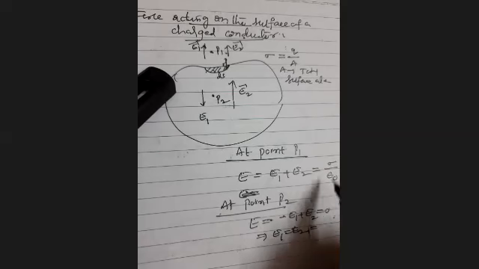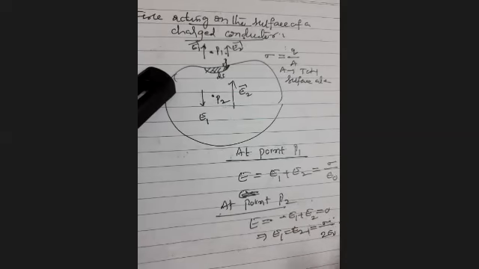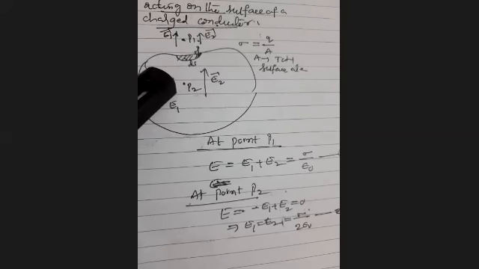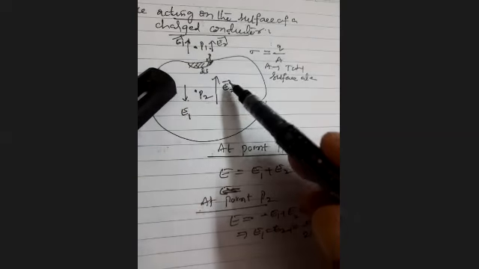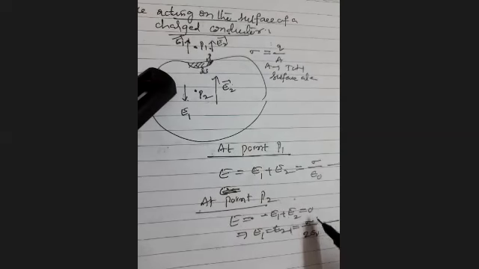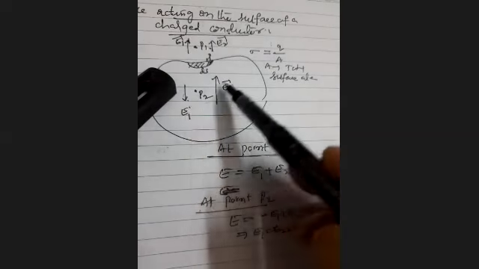From equation 1, we can write that as sigma by 2 epsilon naught, equation 2. Inside the charged conductor, electric field doesn't exist. Therefore, E1 bar plus E2 bar must be equal to 0.